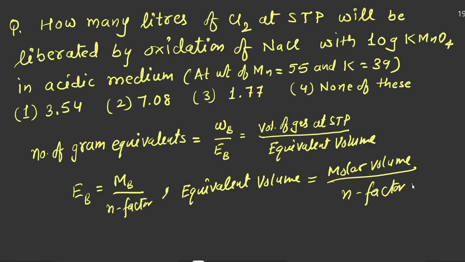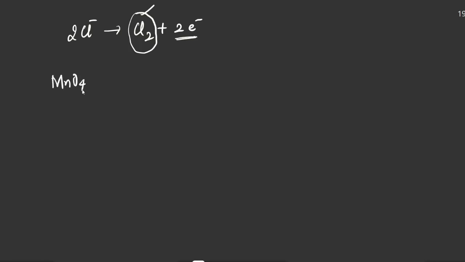So question was how many liters of chlorine at STP will be liberated by oxidation of NaCl with 10 gram of KMnO4 in acidic medium, and N factor for chlorine is 2 because 2 Cl negative ion gives Cl2 plus 2 electron. So to get 1 mole of Cl2, 2 electrons should be lost, and at the same time in acidic medium MnO4 negative will give Mn2 plus.